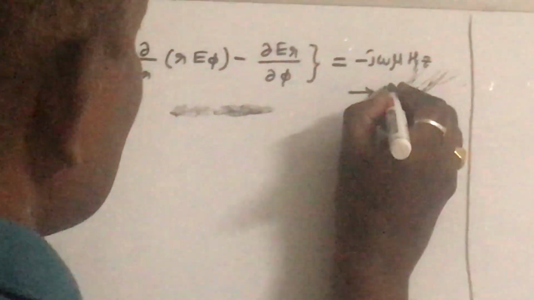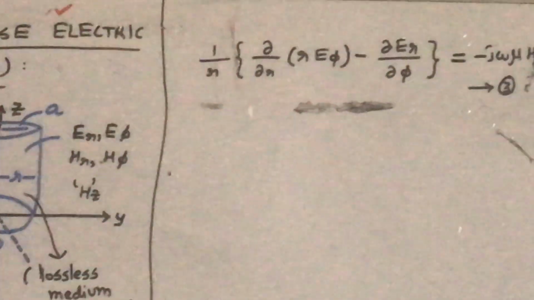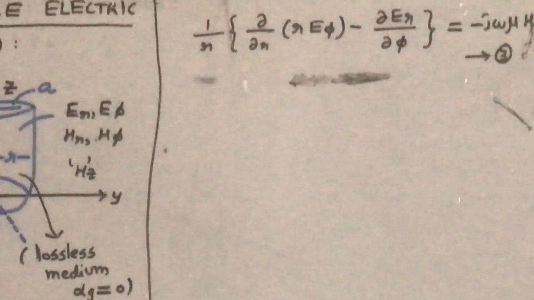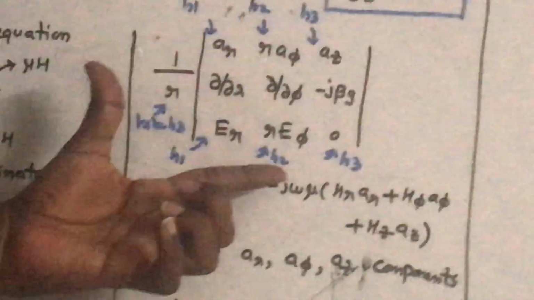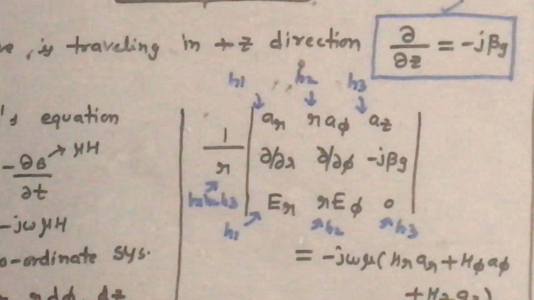Say this is equation 3. So these are the three equations from this Maxwell's equation, comparing the a_r, a_phi and a_z components.